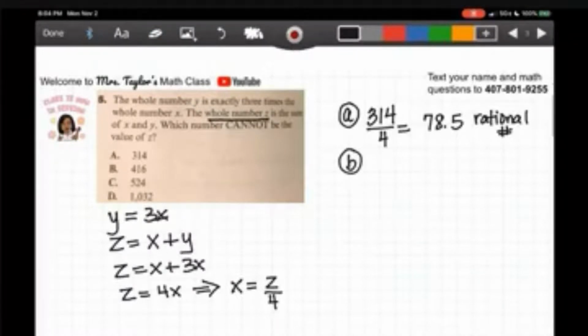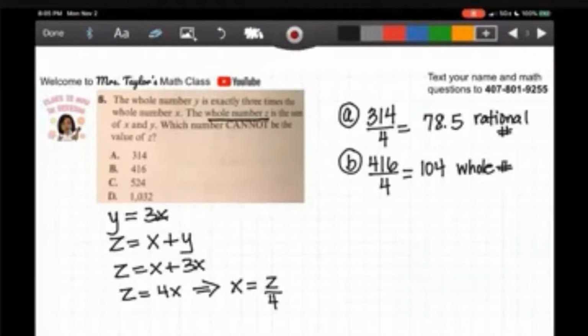So for answer choice B, we have 416 divided by 4. When I divide that by 4, I get 104. Now this is a whole number. So Z can be 416, because when I divide that by 4, I still get a whole number.